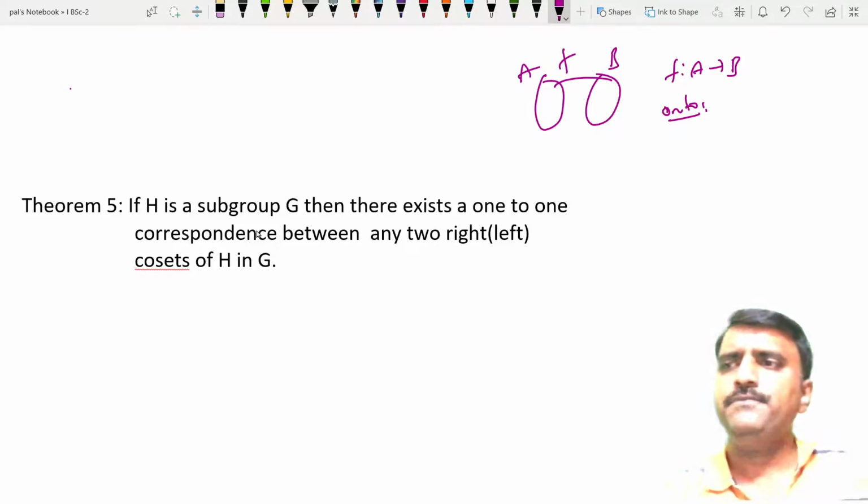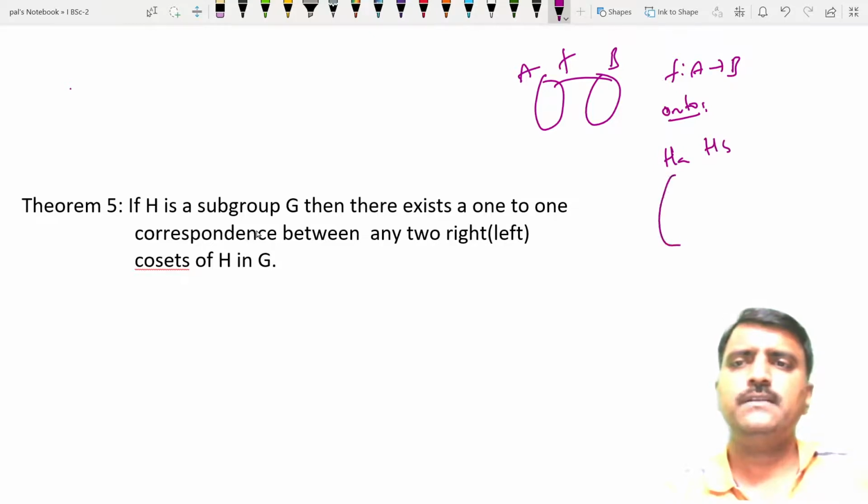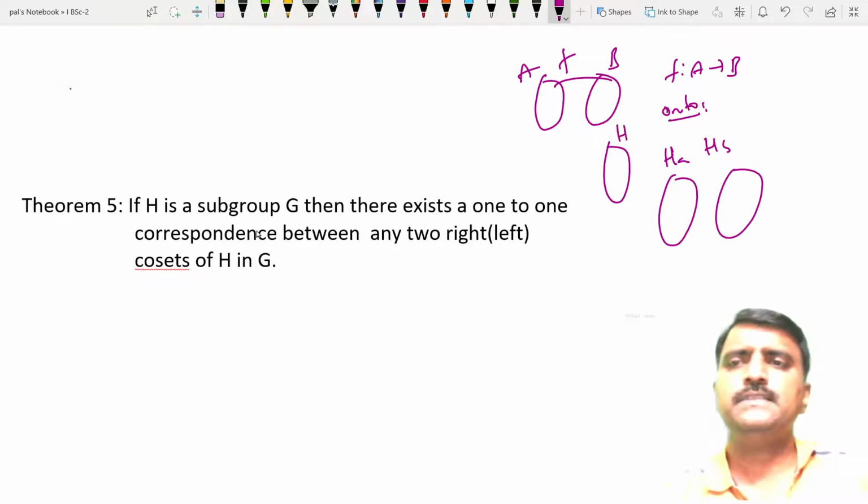Okay, if H is a subgroup of G, then there exists a 1-1 correspondence between any two right cosets. Suppose you consider two right cosets HA and HB. Suppose H is the subgroup, it consists of H1, H2, H3 like this.